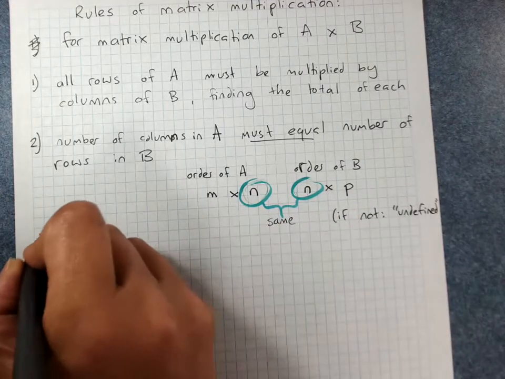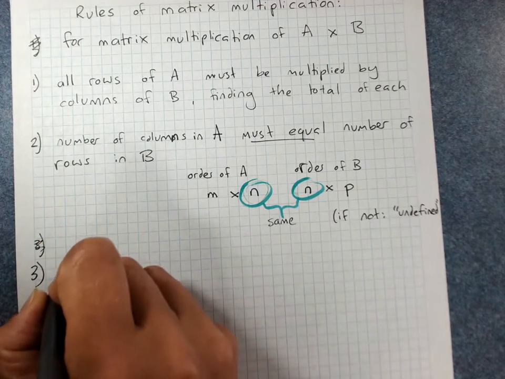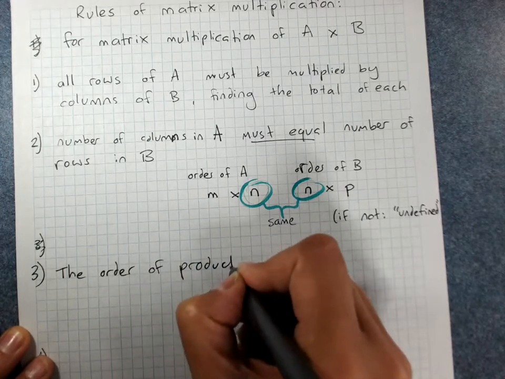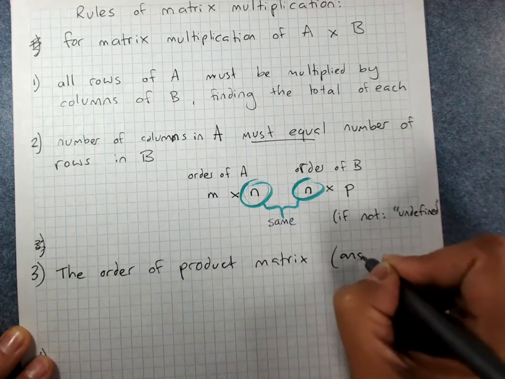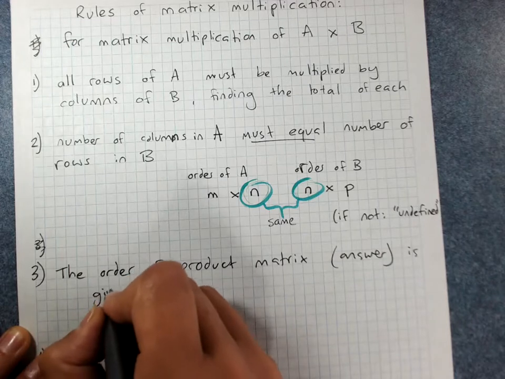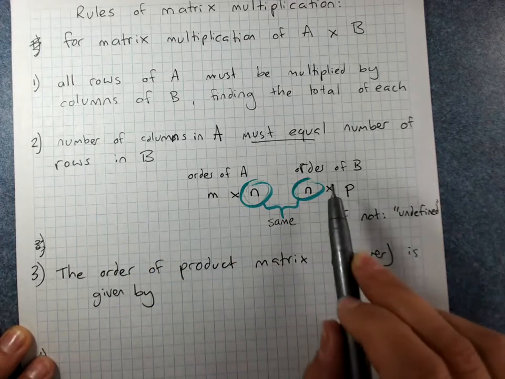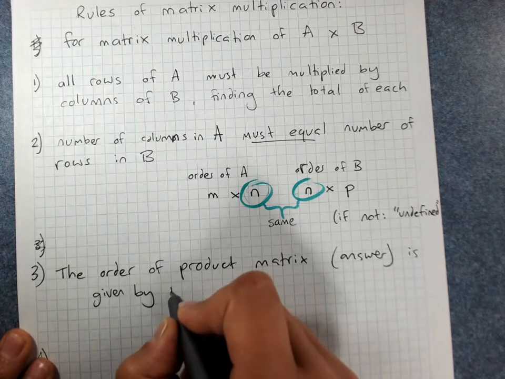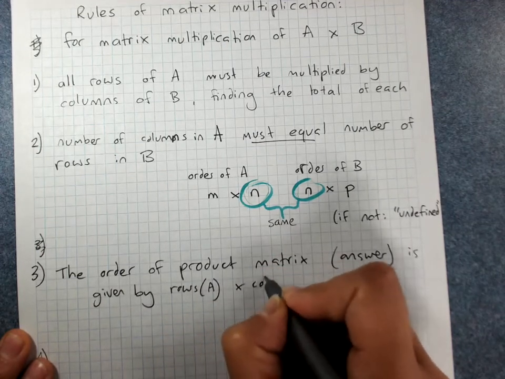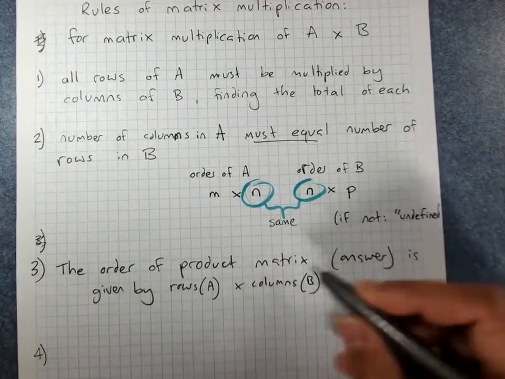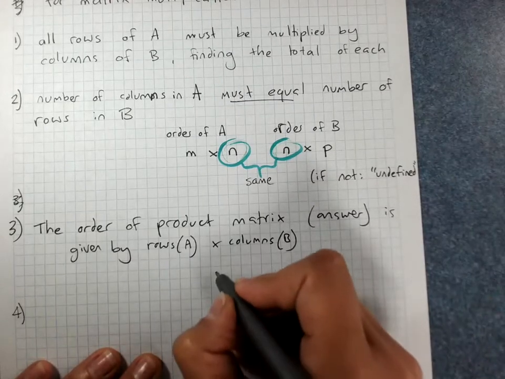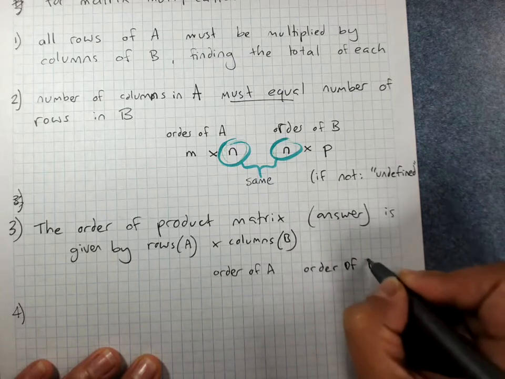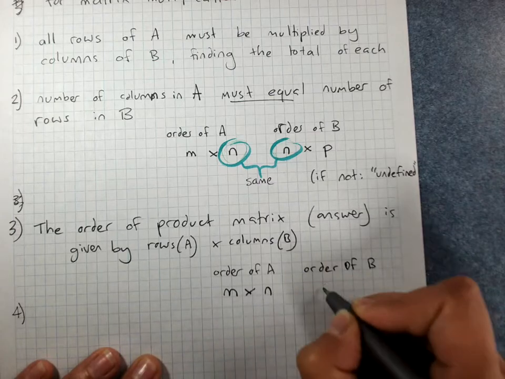The order of the product matrix, that is the answer, is given by the number of rows in A and the number of columns in B. So it's given by rows of A by the number of columns in B, and again the easiest way to picture that is the order of A, m times n, n times p.